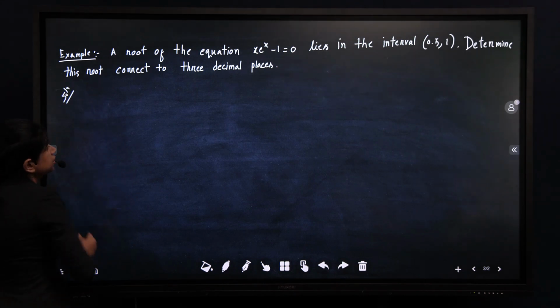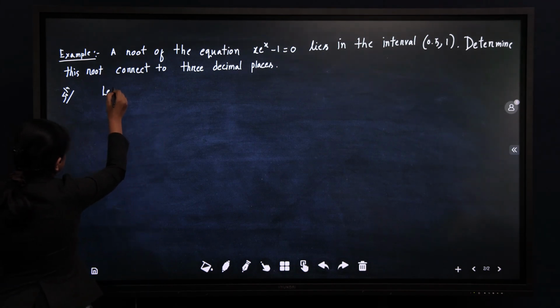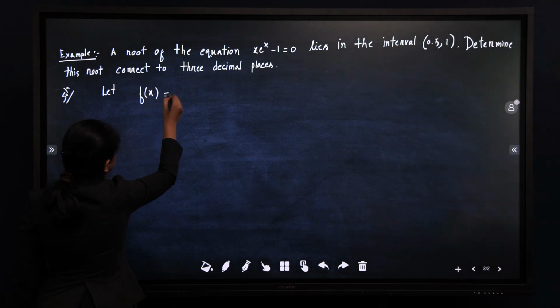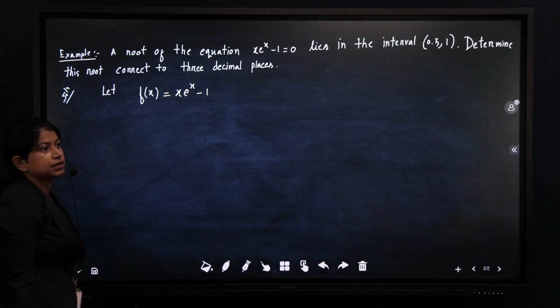For the solution, you need to take what is f of x. Let f of x be x e power x minus 1. This is the f of x.